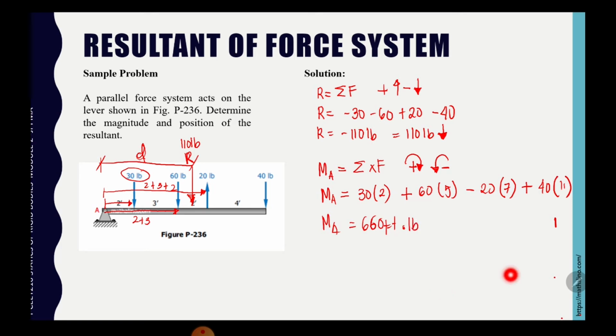And then, para malaman natin yung distance, si moment at A is equate natin sa RD, resultant times distance. So, si MA is equal to RD, magiging 660 is equal to, ang resultant is 110 times yung distance. Kaya magiging D is equal to 6 feet, going to the right.